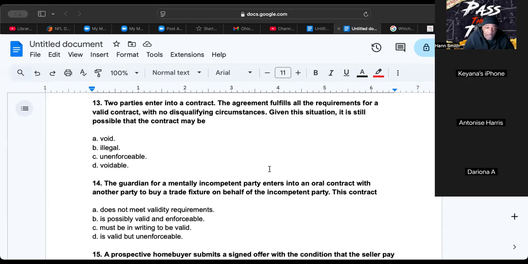Given the situation, is it still possible that the contract may be A, void, B, illegal, C, unenforceable, D, voidable? This is a great question. This makes you think right here. And it's not hard if you know exactly where to think.